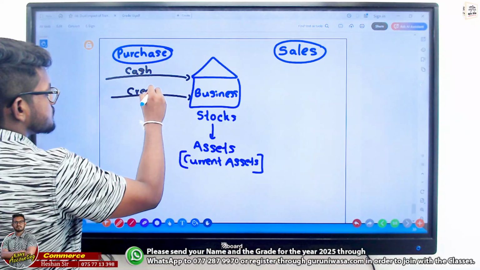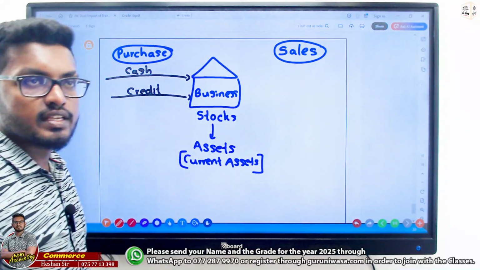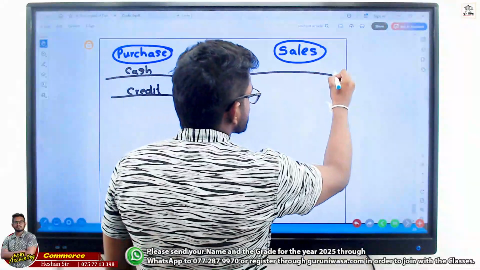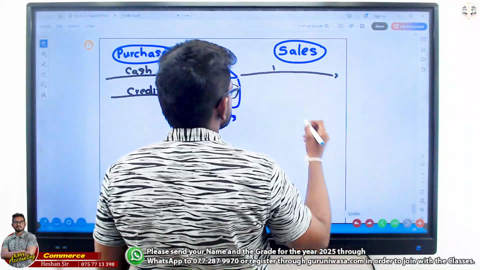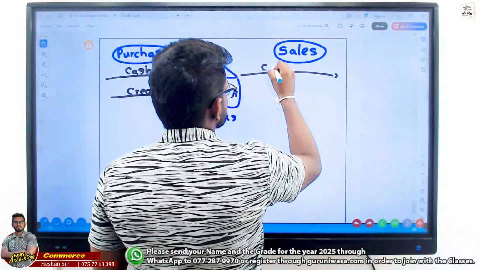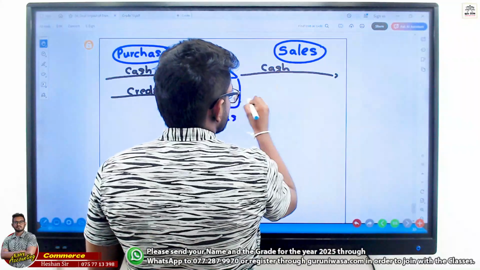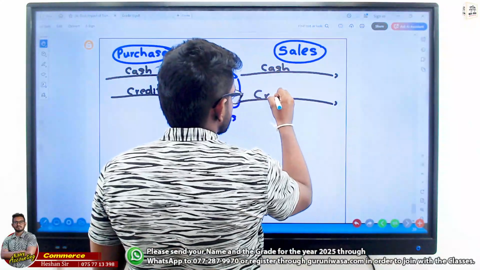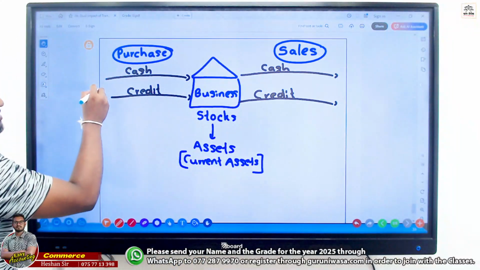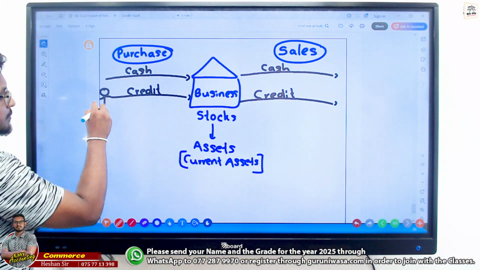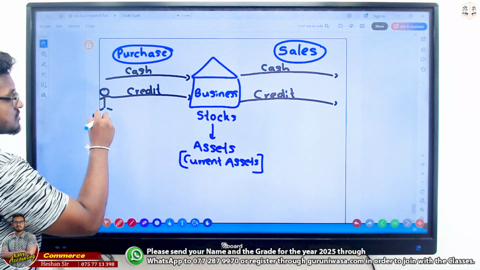Clear? Under two ways we can purchase. Stocks can also be sold on a cash basis and a credit basis.